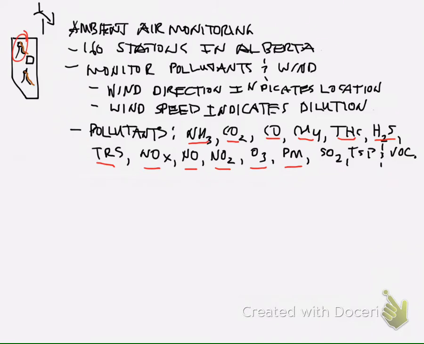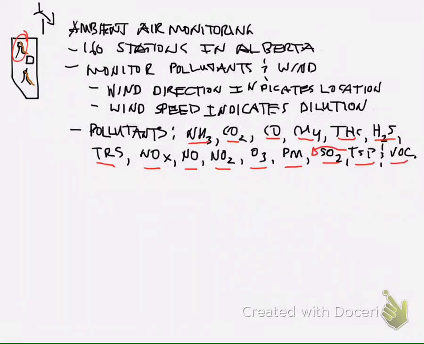And then SO2, which is sulfur dioxide, is another major pollutant from burning coal. And TSP is total suspended particles, so that's going to relate back to the PM, particulate matter.